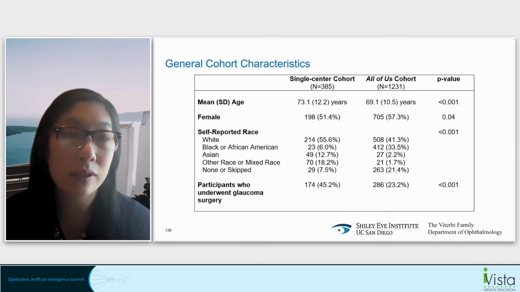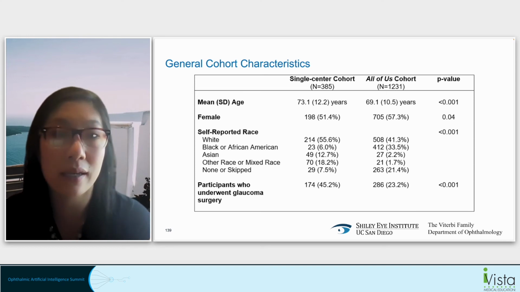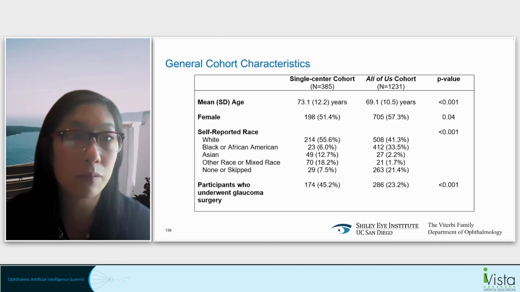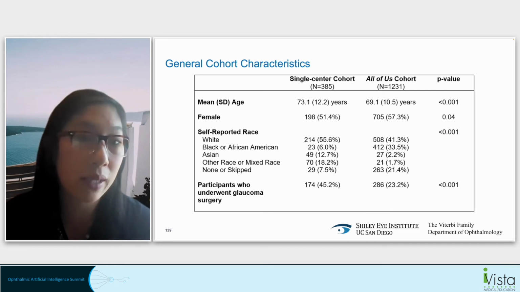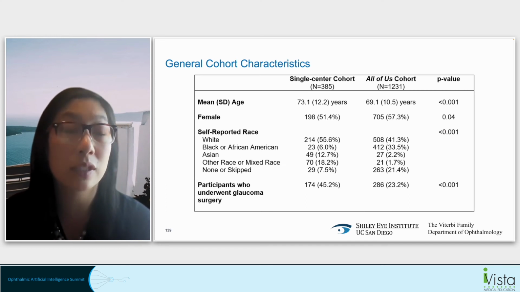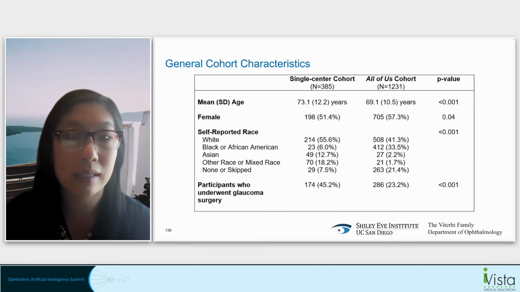So you can see in terms of the general cohort characteristics, the All of Us cohort, and again, this is a few years ago, so the number of patients has increased since then. But even then, it was over triple the size of our single center cohort. We had much better representation of Black or African American individuals, who, as everyone knows, carry a disproportionate burden of glaucoma and glaucoma-related blindness.